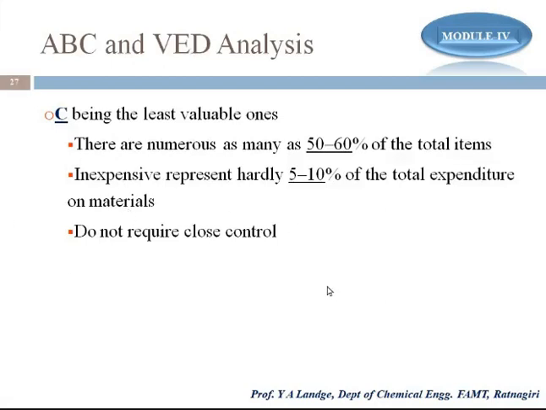If you compare the A category and the C category, the A category has a very small number of items, but the expenditure is more, and in the C category the numbers are more, but it is not that expensive.